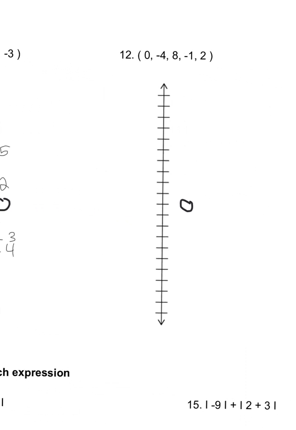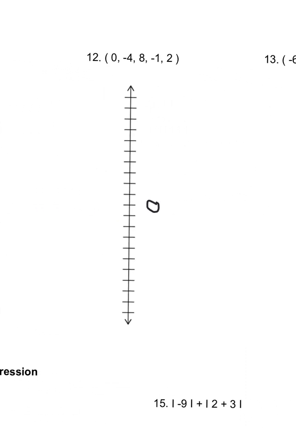We got number 12. We already have our 0. We're going to go down 4 for negative 4. And then we're going to go all the way up to 8. Then back down to negative 1. Back up to 2.